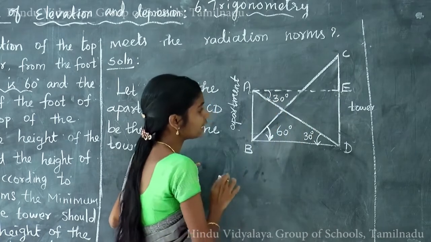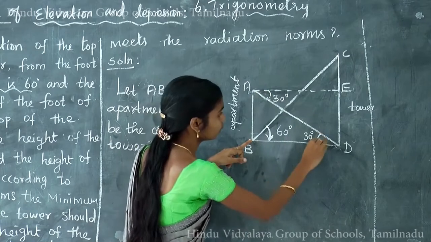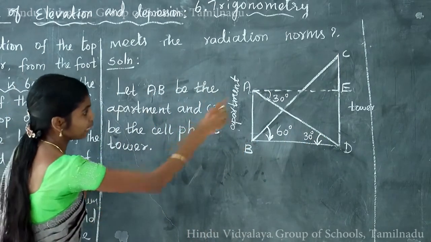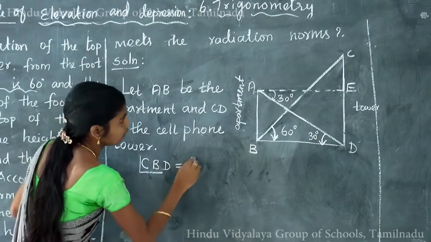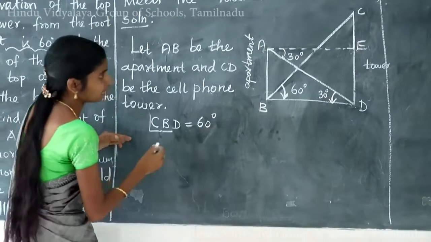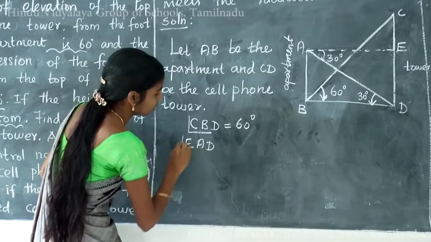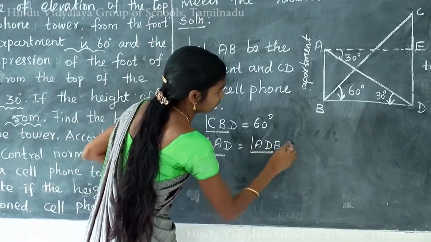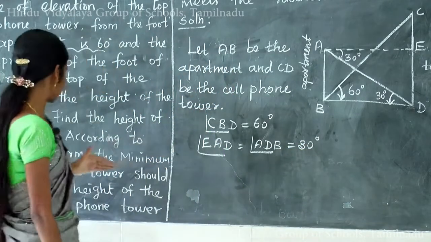By interior alternate angles, the angle BDA is also 30 degree. So from the diagram, write the angles first. Angle CBD is 60 degree and angle EAD is equal to angle ADB, which is 30 degree.